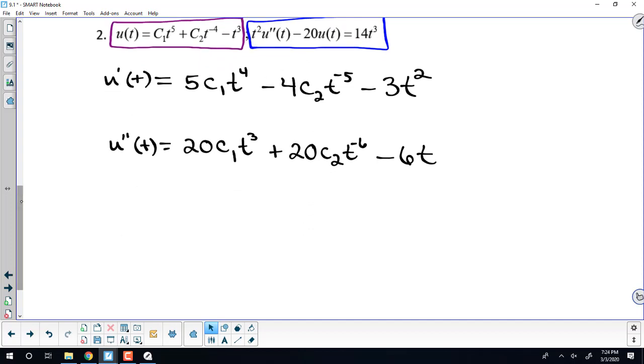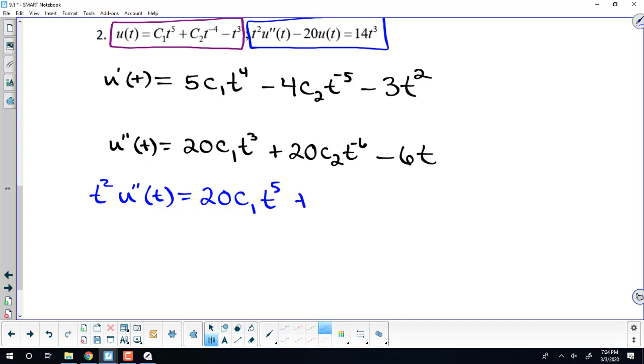All right. So our equation involves a t squared times u double prime. So we're going to compute that t squared times u double prime. We have 20 c1 t to the 5th plus 20 c2 t to the negative 4 minus 6t cubed.